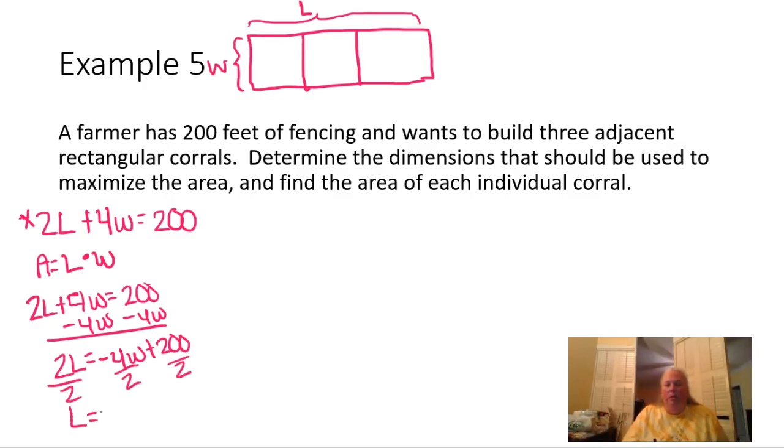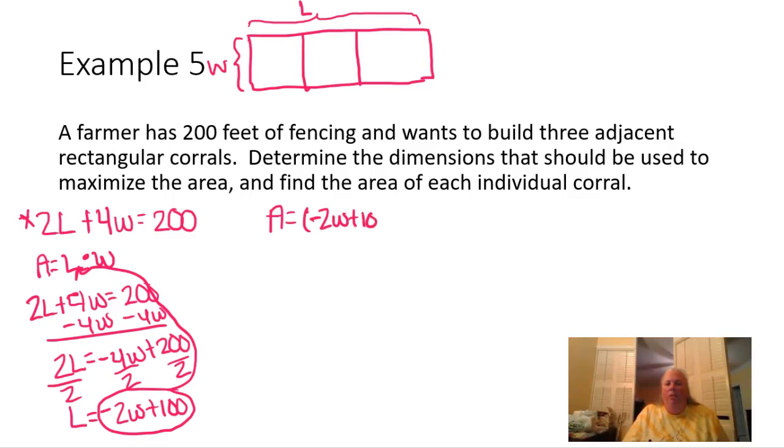So L is equal to negative 2W plus 100. All right, and I'm going to take this right here and plug it into my area formula. That's going to give me negative 2W plus 100 times W.